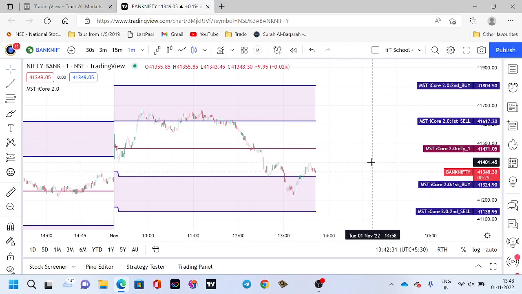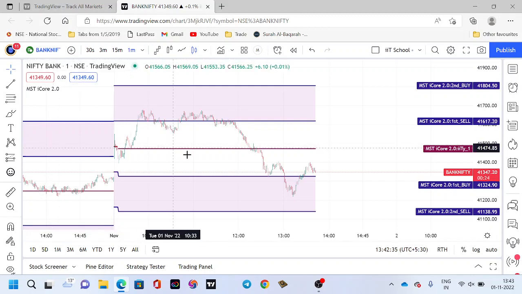Now if you are trading BANKNIFTY spot, and if you are trading in options, then we have given a very good method of choosing the strike price. What strike price do you have to choose? By default, this brown color line will be there, that is IIT1 DCP.